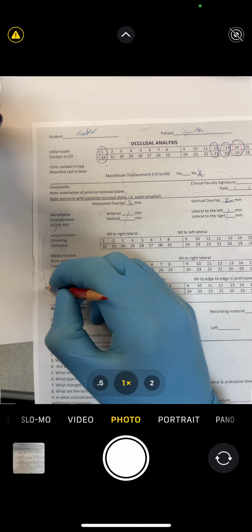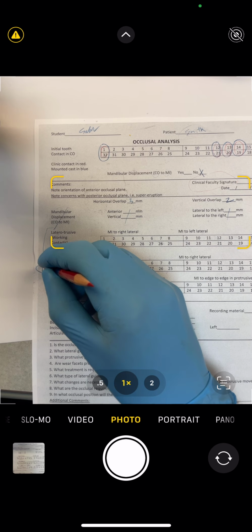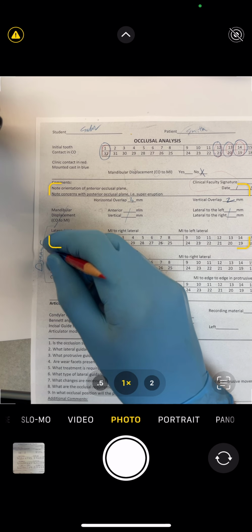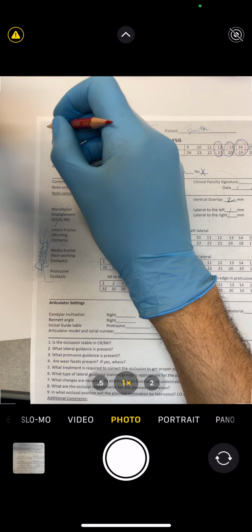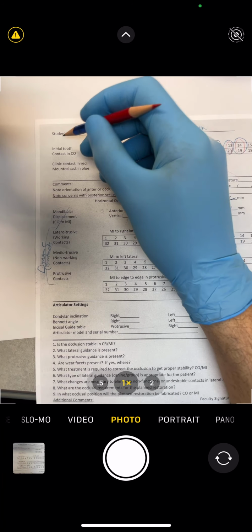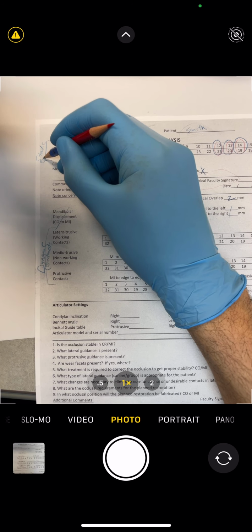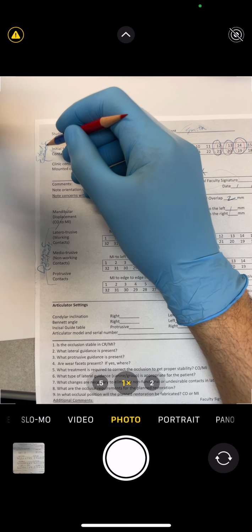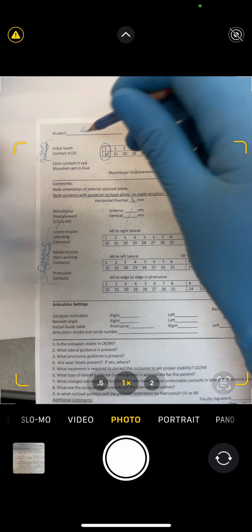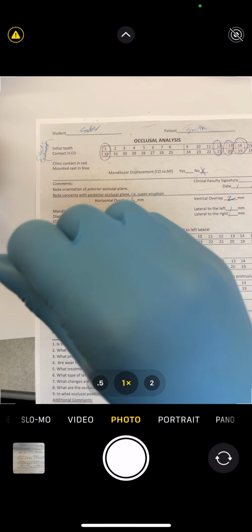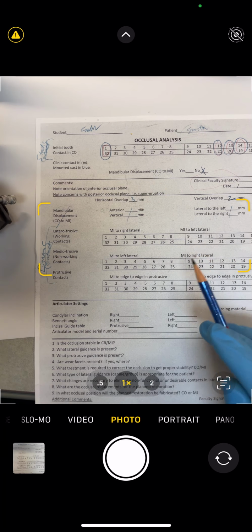All of this is dynamic contacts, and this part was a static contact. Any restoration or interim, you have to check the contacts in static position as well as in dynamic position.